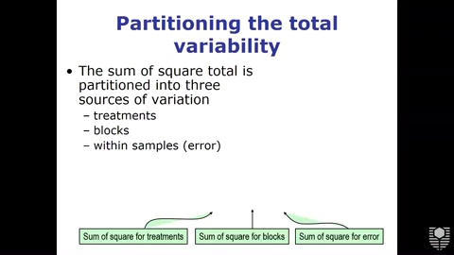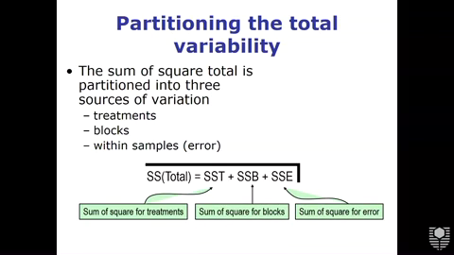Summation of square total, if you remember, right? If you remember with the independent variable before, one way, we're going to have just SST and SSE. But in here, we're going to add SSB, which is the sum of squares for blocks.